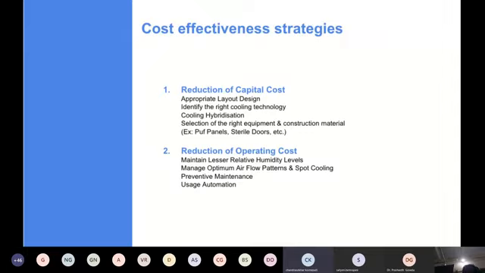Lowering the relative humidity levels by slightly increasing the temperatures will definitely lead to a reduction of operating cost. And preventive maintenance is an important part. Human errors, which we feel are negligible, add a lot of recurring cost. So automation usage will definitely reduce our operating cost.